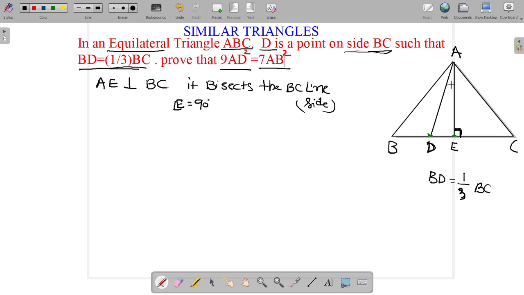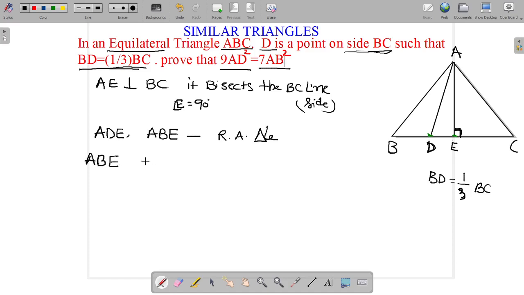After drawing the line AE, here we see two right angle triangles. One is ADE and another one is ABE. First take triangle ABE.